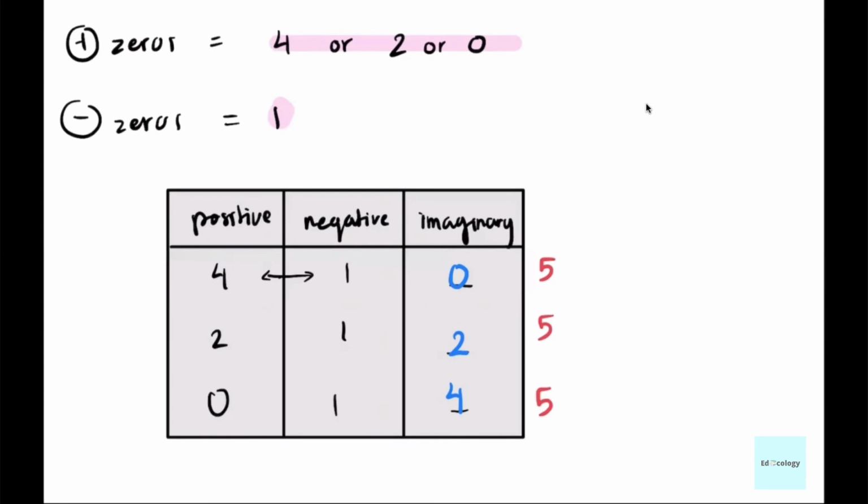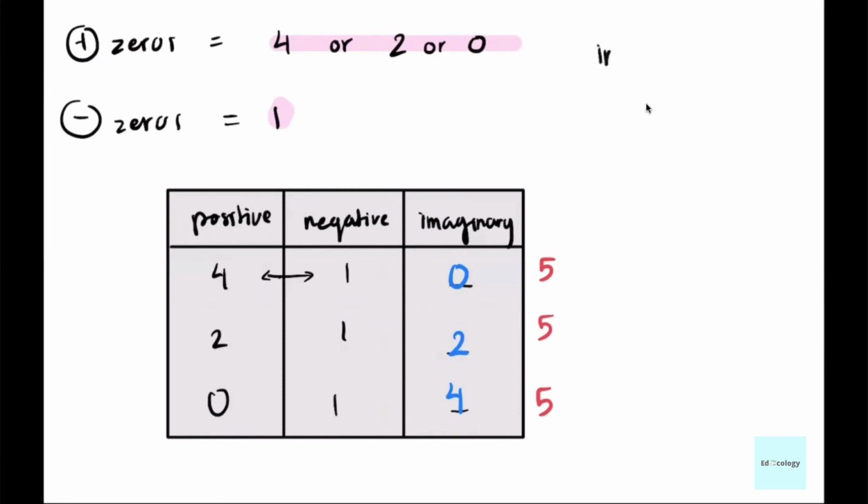And remember, this is an important note to have, that imaginary roots should always be even, okay? So the imaginary should always be an even number of roots or solutions. So keep this as a note.